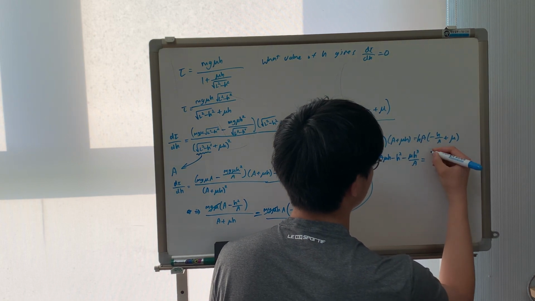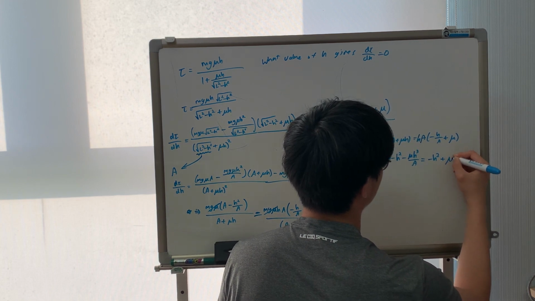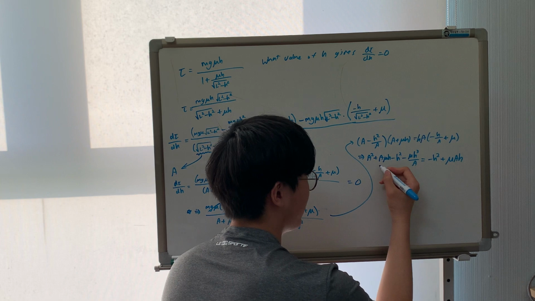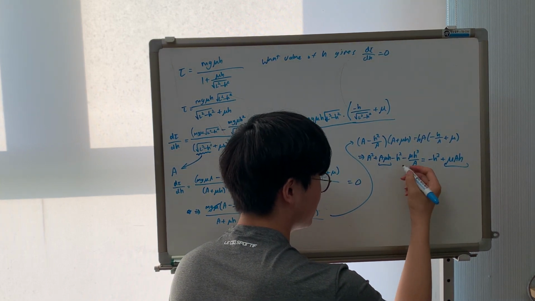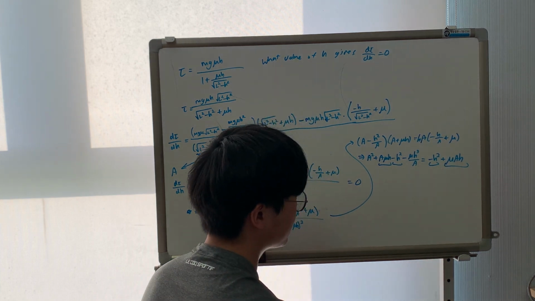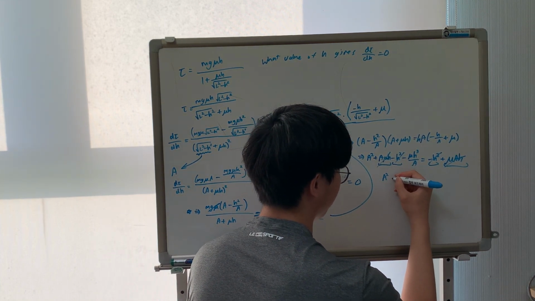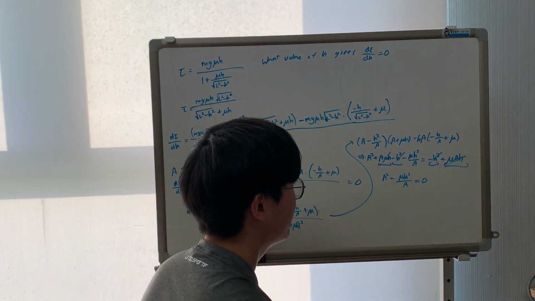That's equal to, a cancels out, so minus h squared plus mu a h. And here we could see that a mu a h, they're the same. They're in both sides, and these two are also in both sides, and so they could all be cancelled out. And we have a squared minus mu h cubed over a is equal to 0.